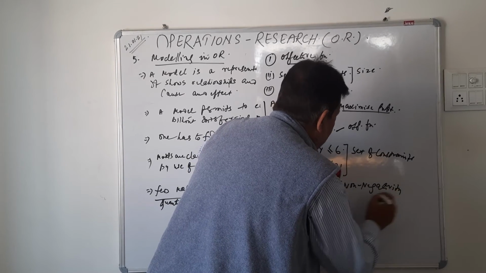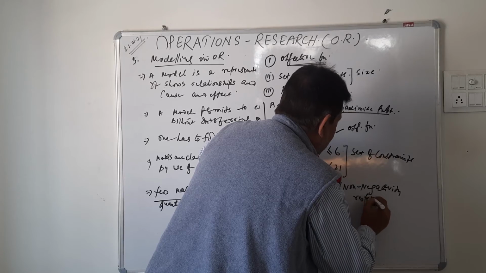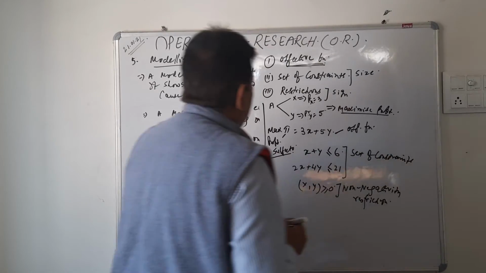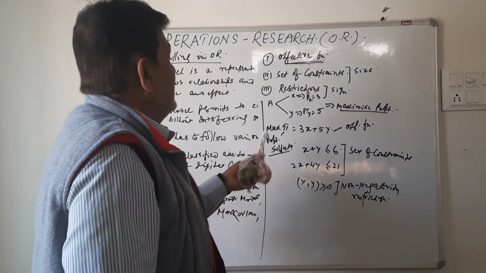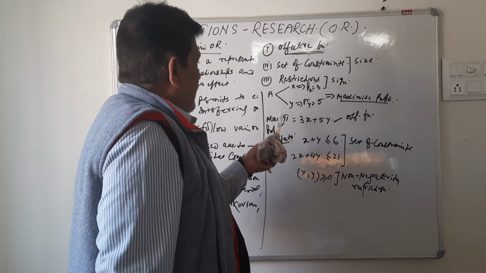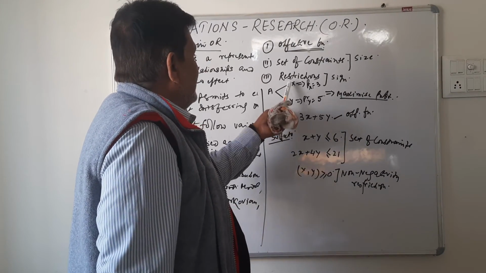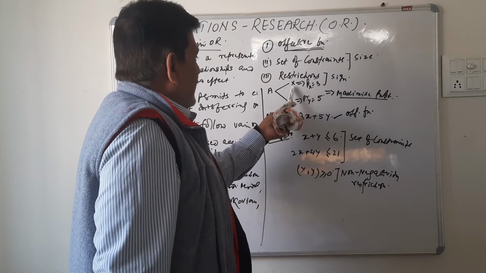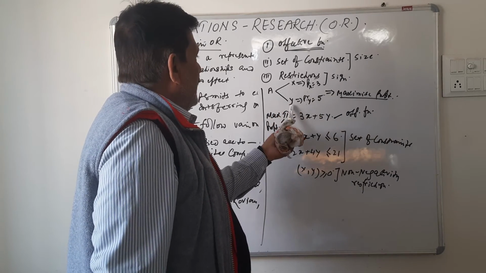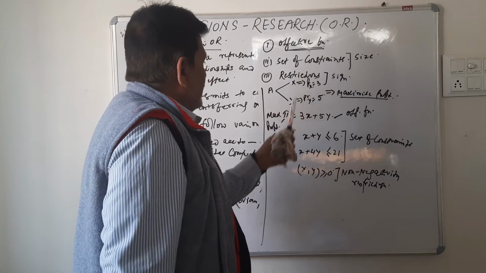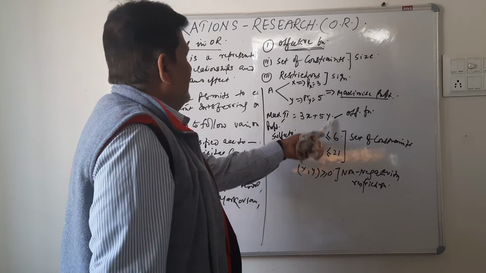So this is a complete OR model where the firm seeks to maximize its profit, and the firm is just producing two commodities, X and Y, and on X per unit profit is 3, on Y per unit profit is 5. So first of all we define the objective function.